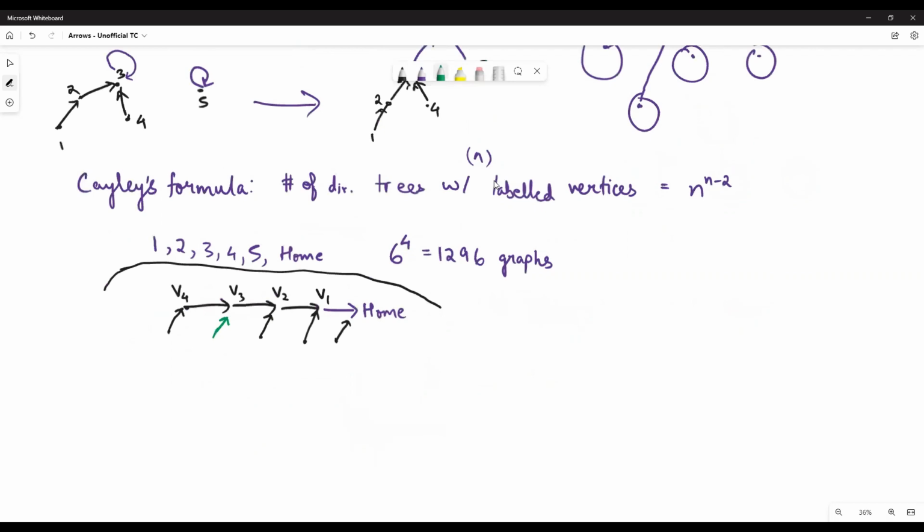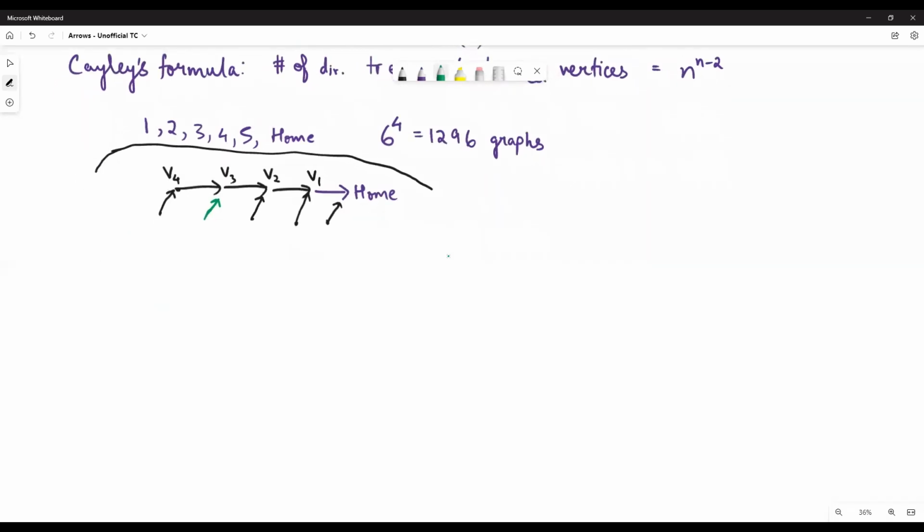In all the black cases, we have 5 factorial options that map 1, 2, 3, 4, 5 to V1 to Vi. This can be done in 5 factorial ways. There are 4 options, so we multiply by 4. But in the green case, do you notice that if we swap V4 and V5, our result would be the same?